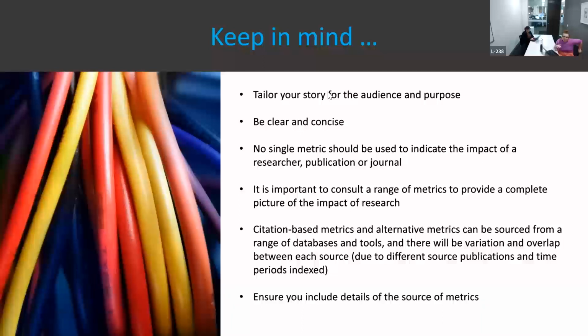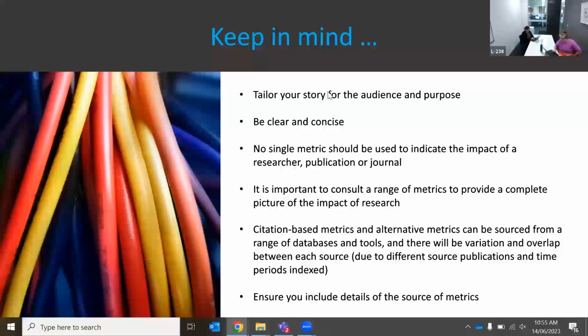It has a broader range of publications. Altmetrics only look from 2010 onwards, so not every system is going to bring in absolutely everything. And just to reiterate, make sure you include the details of the source of your metrics. So you make sure you're giving that full picture of where you've received that information from.